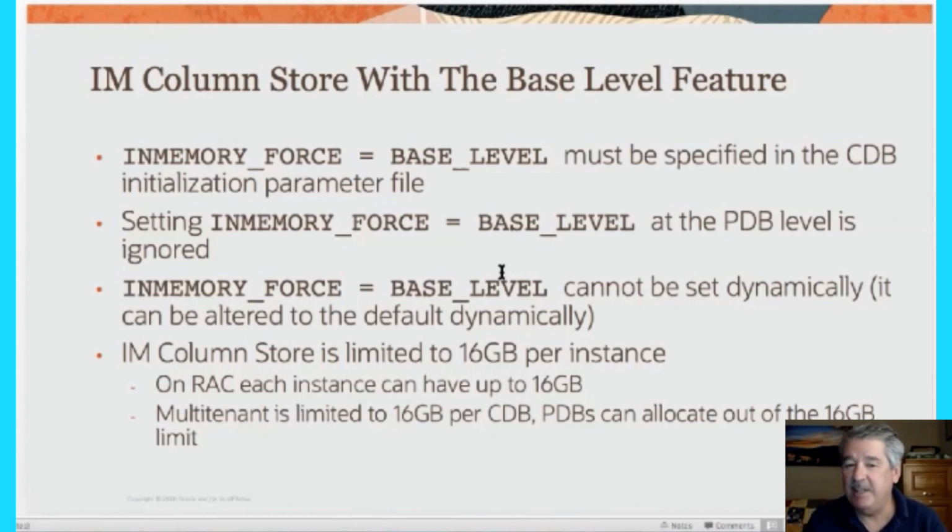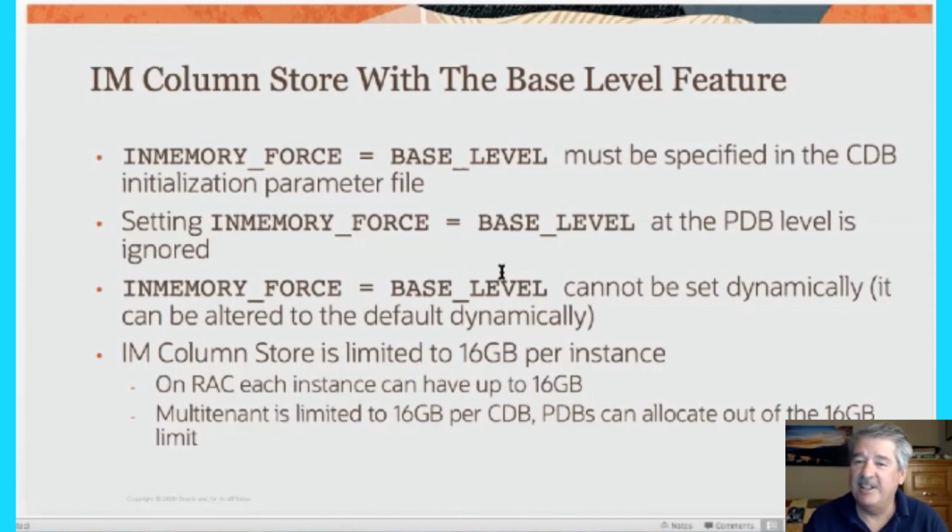And then each PDB can only use up to the total of 16 gigabytes. We've talked about that in the past, where individual PDBs share that total allocation at the CDB level. So if one PDB had 16 gigabytes allocated, then no other PDBs could allocate any column store. And that's, again, set with in-memory underscore size, so you can limit how much column store is allocated per PDB.